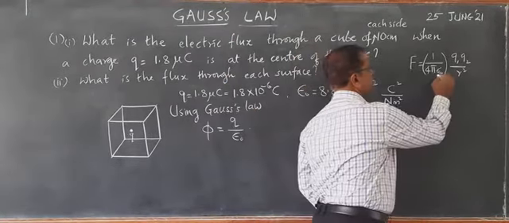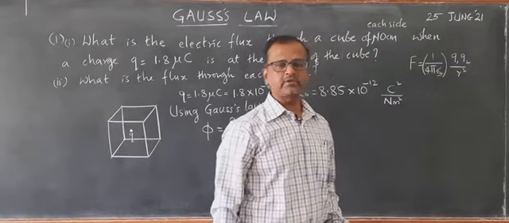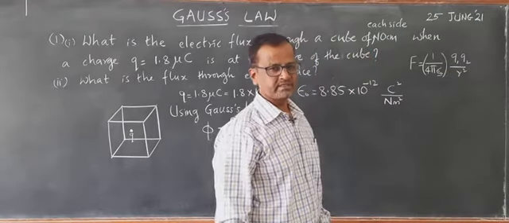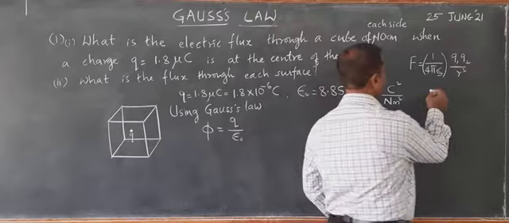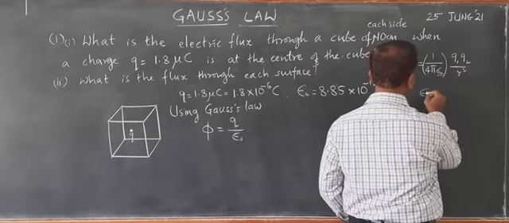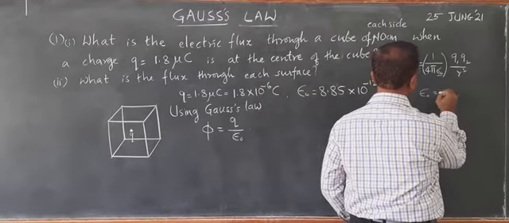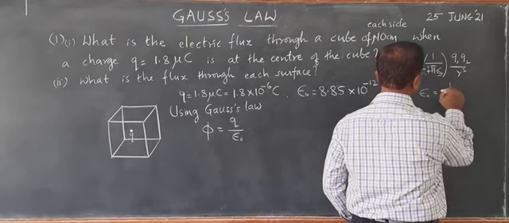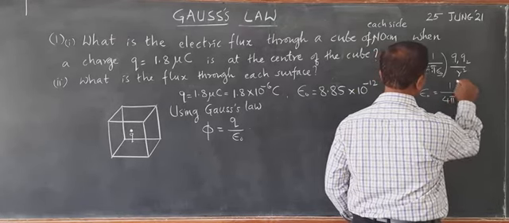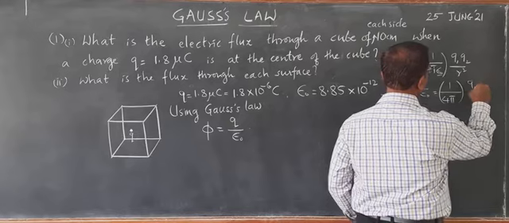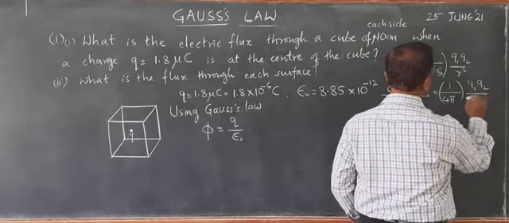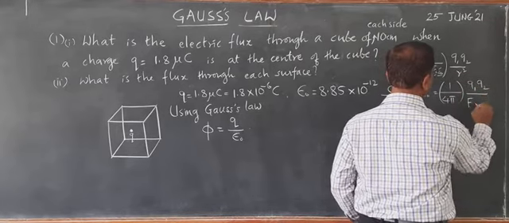Now, I want to find out the SI unit of epsilon naught, the permittivity of free space, right. If you take epsilon naught here, it becomes 1 upon 4 pi into Q1 Q2 by F R square.